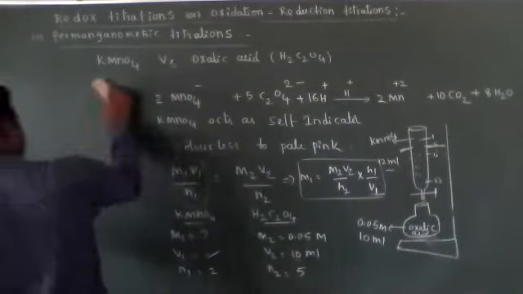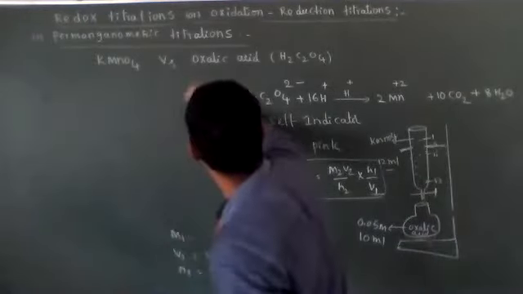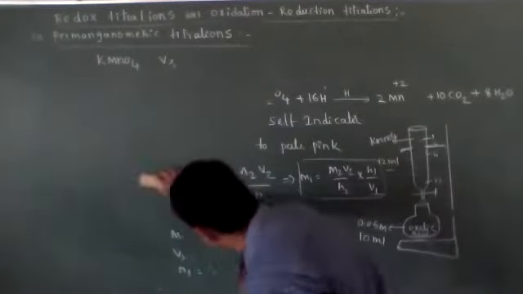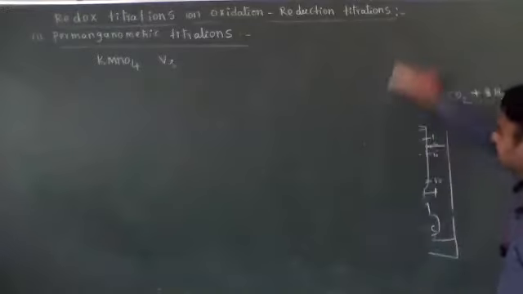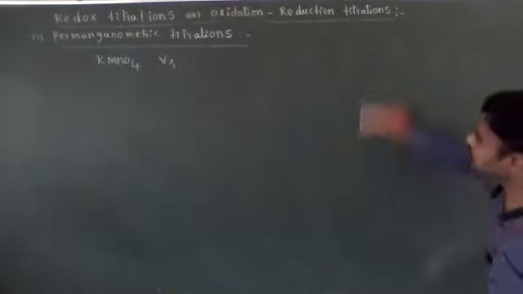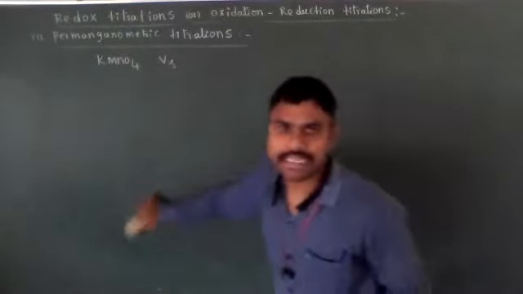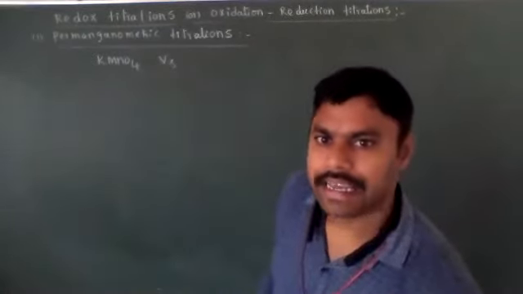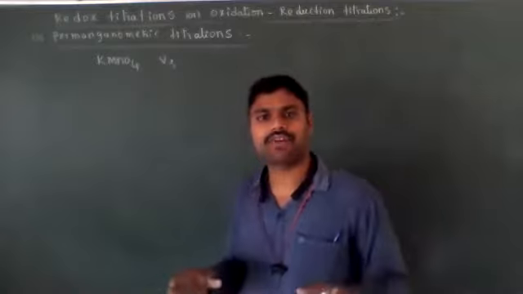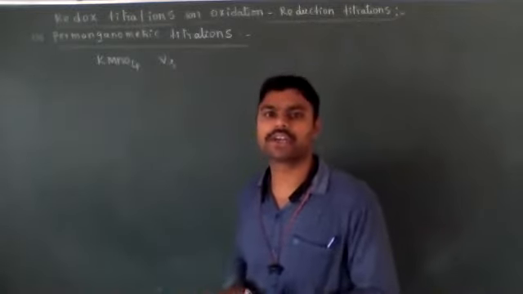The second one is, let's see, for all cases the formulas are the same. M1V1 by N1 is equal to M2V2 by N2 in terms of molarity. In terms of normality, it is N1V1 is equal to N2V2.